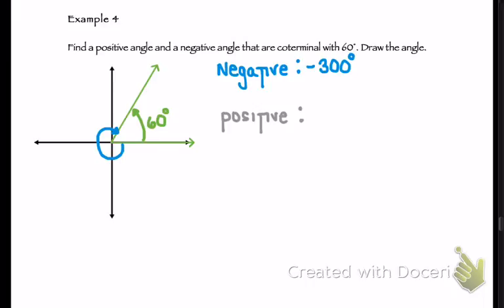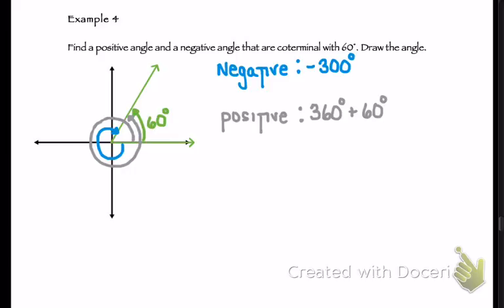Your positive, obviously, if you got the bonus right, you're going to be able to get this. If you did not get the bonus right, now you'll understand how I generate another positive. I have to start at the initial side and end at the terminal side. I would just have to spin to get back to that terminal side. I'm at 60 degrees.